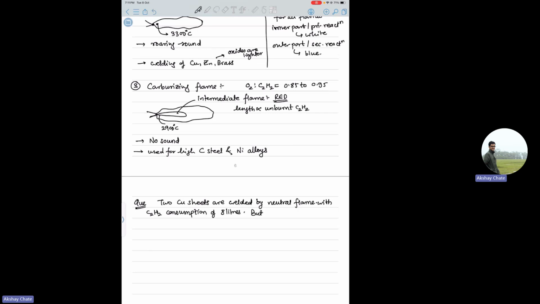But the weld was defective. Then it is re-welded with oxidizing flame.